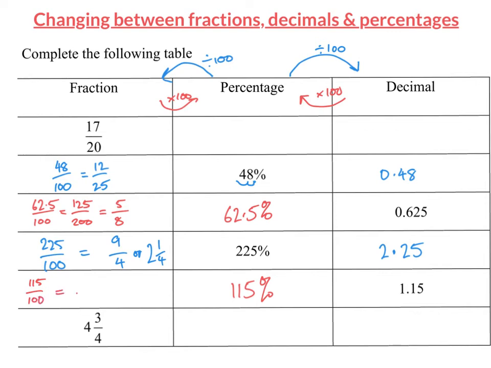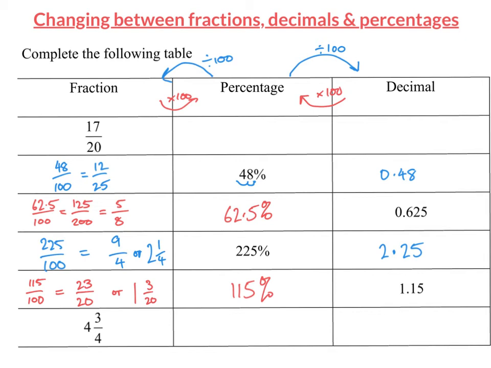I know that 5 goes into those, so that's 20 in the bottom. On the top, it's going to be 23, so it's 23/20, or I guess 1 3/20. Either is fine. Okay, so we've gone from percentages and managed to find fractions and decimals. We've gone from decimals and managed to find percentages and fractions.